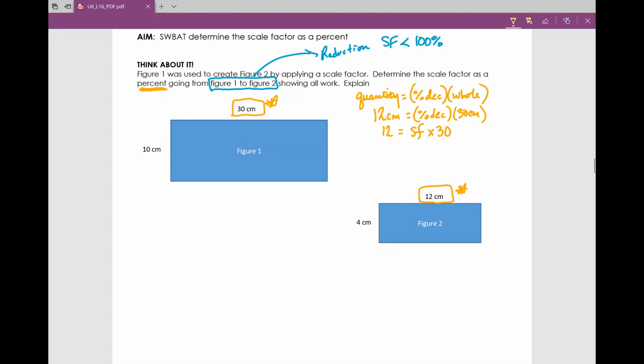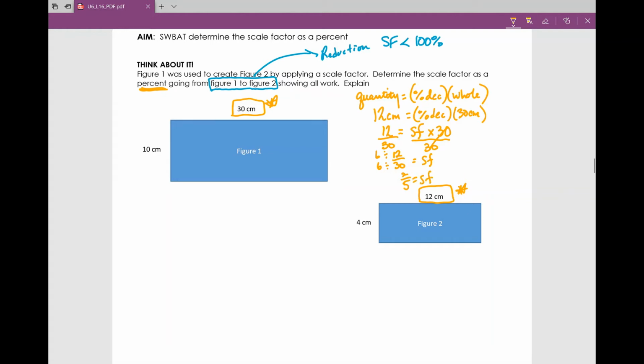Now, what am I solving for? I'm solving for the SF, right? The scale factor. So let's divide both sides by 30. And we get the scale factor is equal to, I can simplify this, right? 12 divided by 30, that's 12 over 30. And I can divide top and bottom by 6. I know that's a common factor. And I would get 2 over 5 as my scale factor.